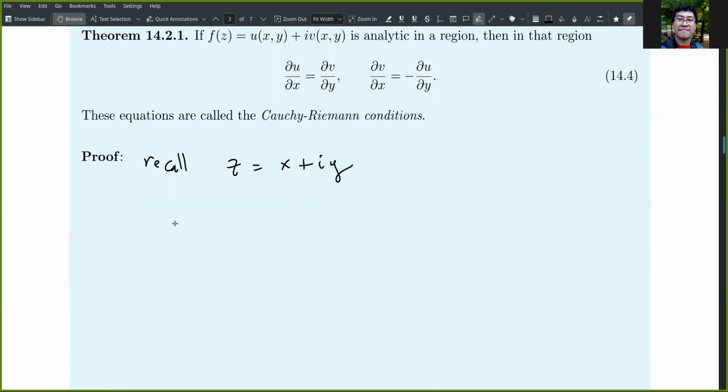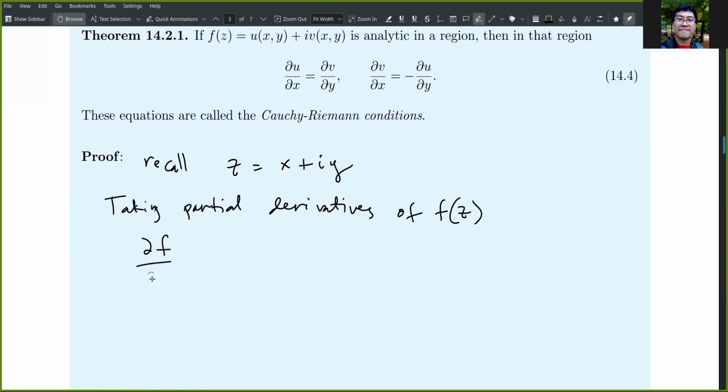Okay, so taking partial derivatives of f as a function of z, the partial of f with respect to x is equal to, using the chain rule, since f is a function of z and z is x plus iy, the derivative of f with respect to z times partial z with respect to x.